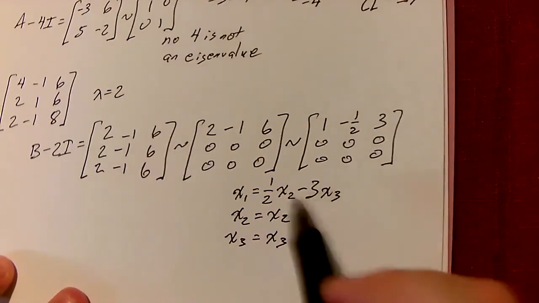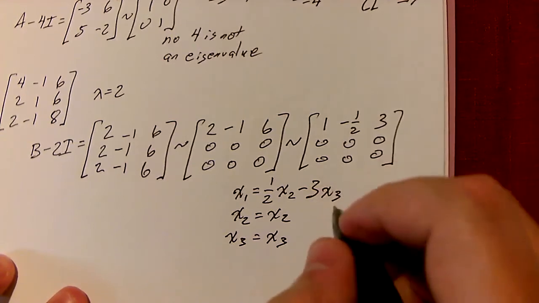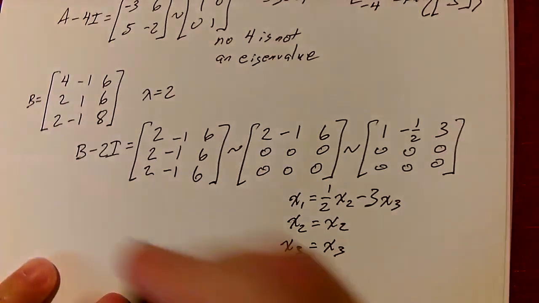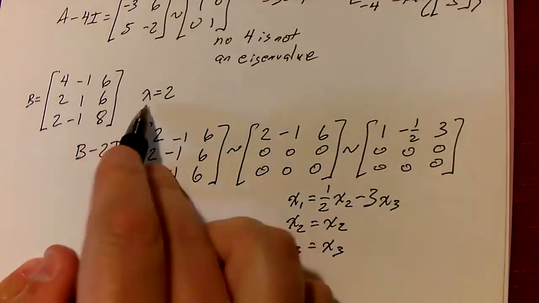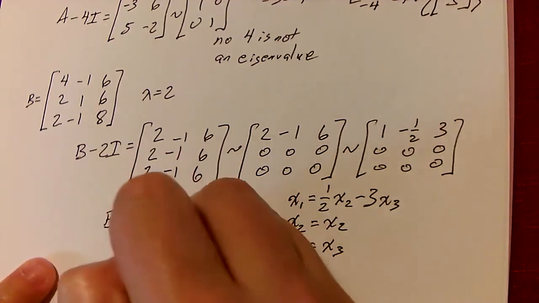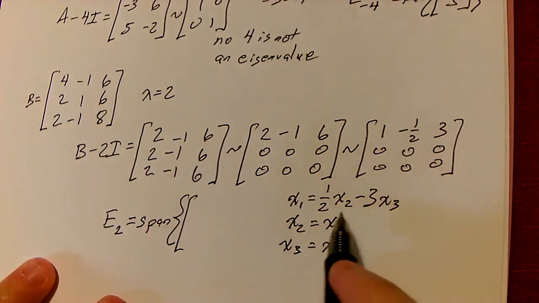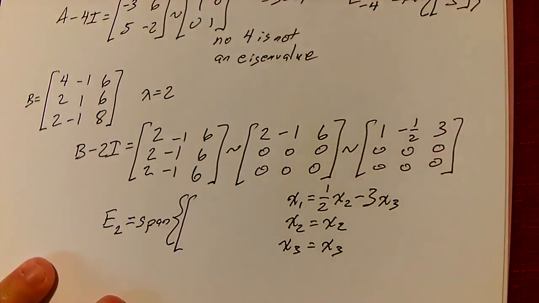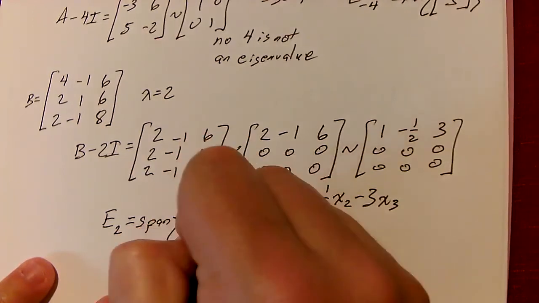So I actually have 2 vectors here because I have an x2 vector and an x3 vector. So my eigenspace with respect to 2, the eigenvalue of 2, would be the span of a vector here for x2. So that would be 1/2, 1 and 0.